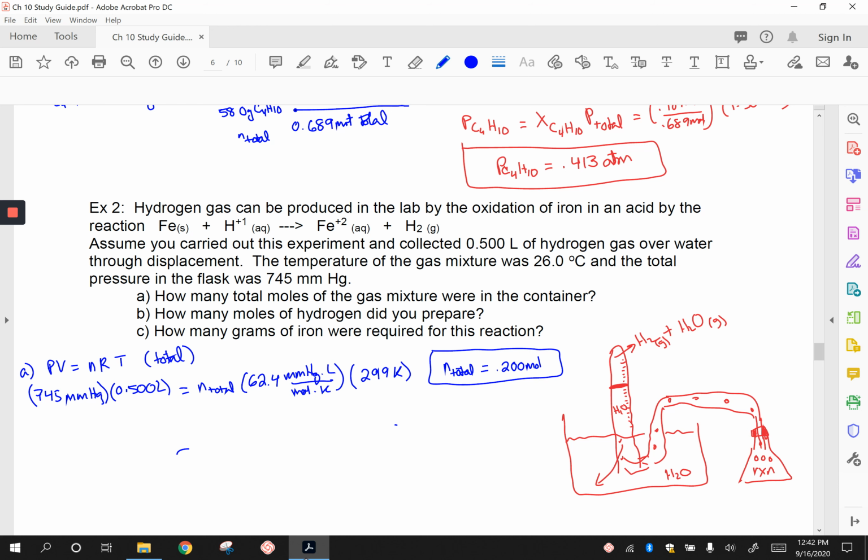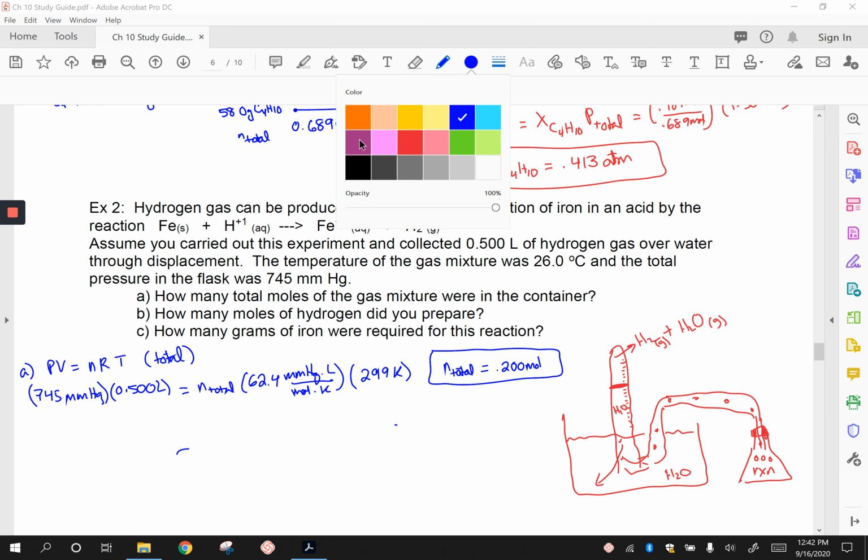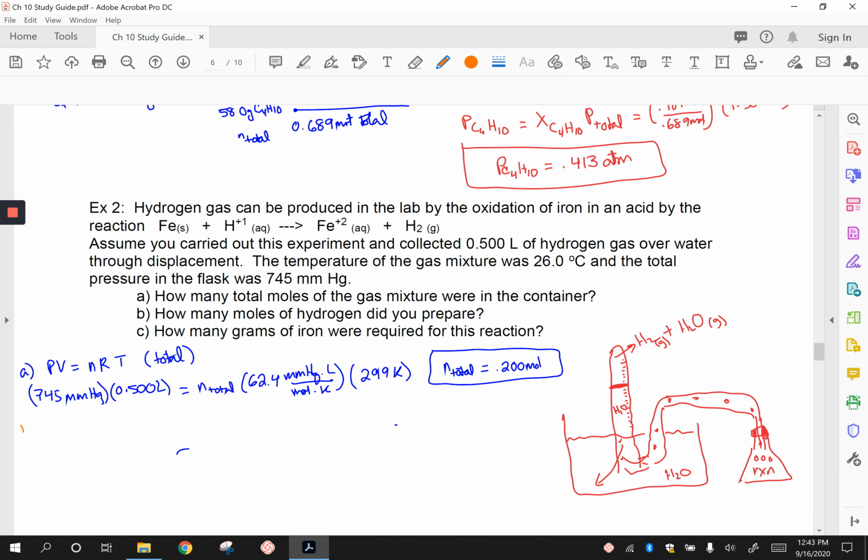Next, we want to know how many moles of hydrogen we prepared. So we don't want the total, we just want moles of hydrogen. So we could do PV equals nRT for hydrogen. I want the pressure of just hydrogen, not the total pressure.